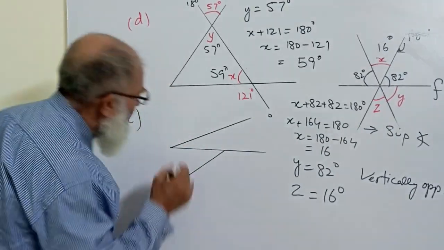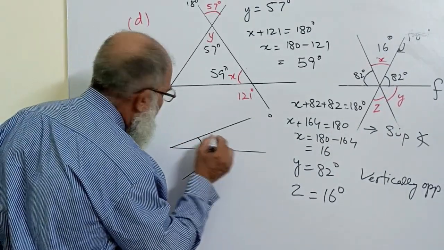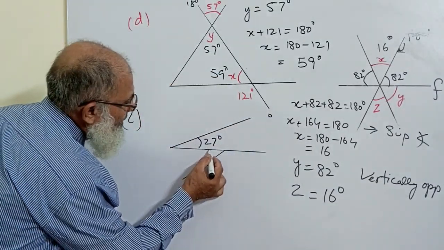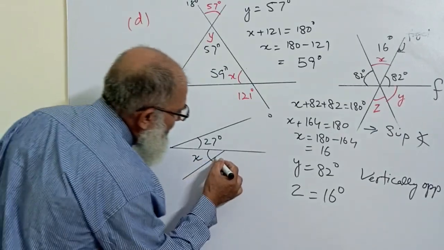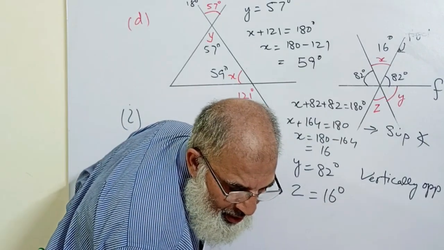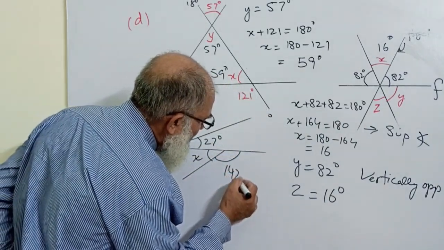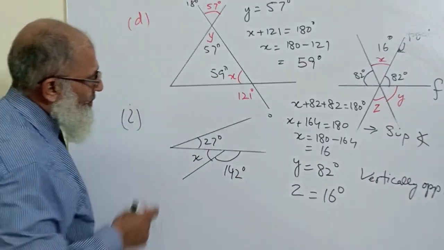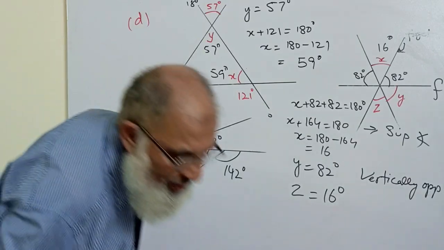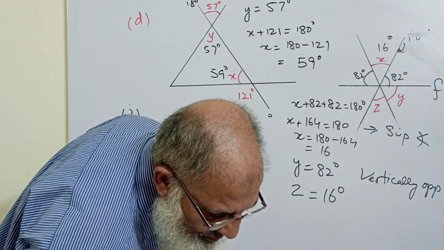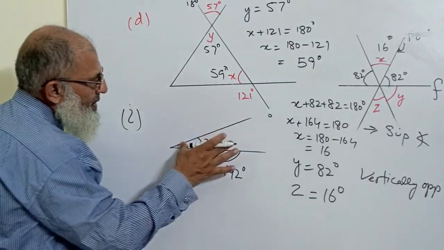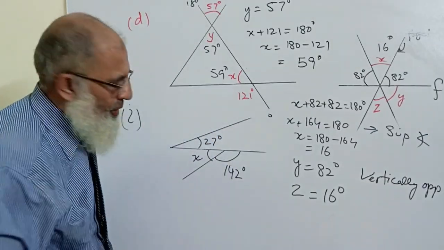Now there is the angle 27 degrees, part I, the last part of question number 2. Now this is x and this is 4x, and this is 142 degrees. Now you see that this angle is given to you to confuse you.